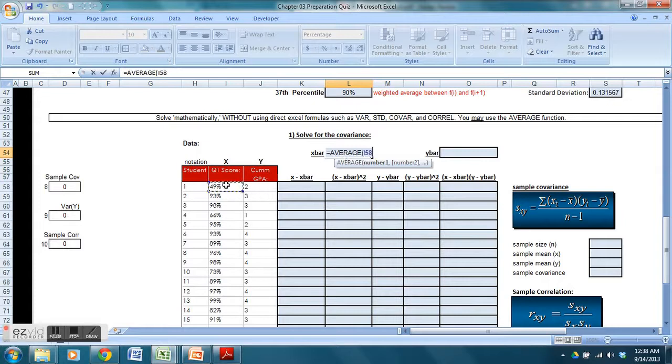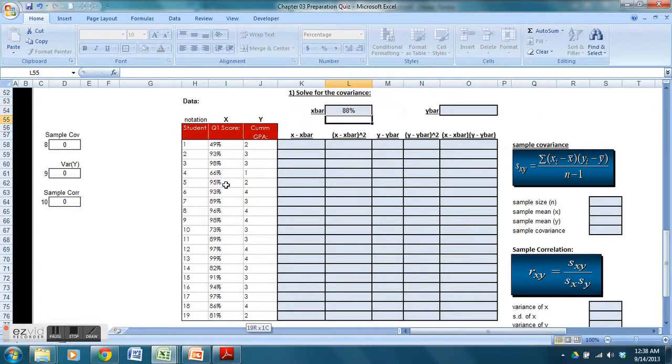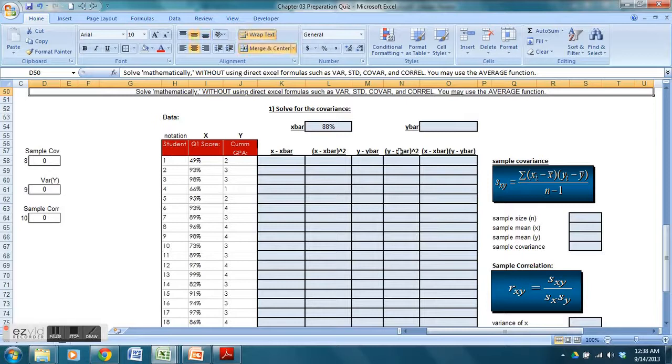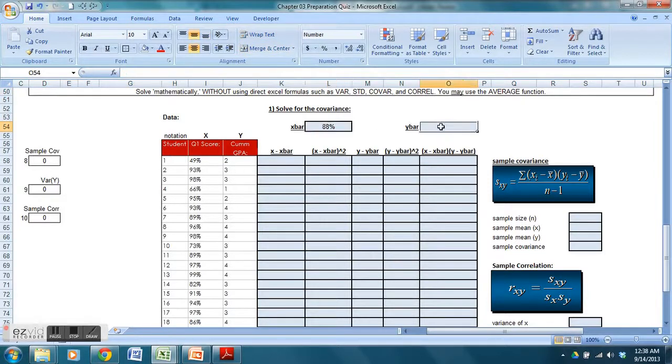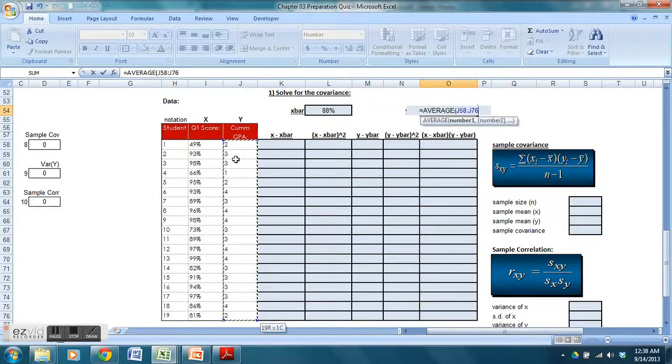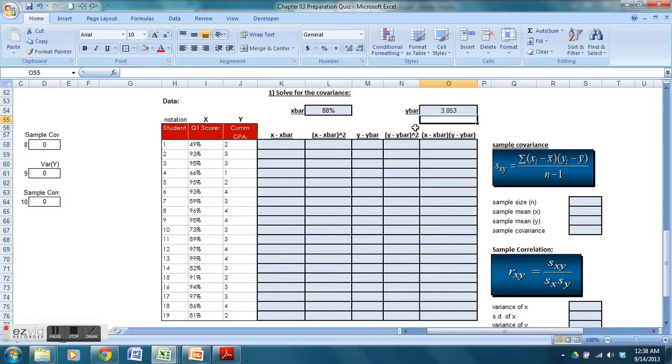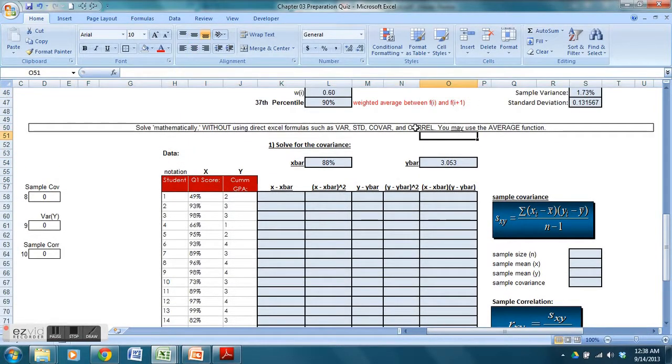Average all the x values, 88%. And we're going to do the same thing for the y. Average, .053. Great.